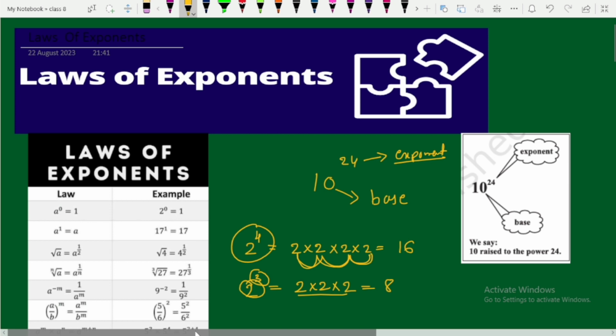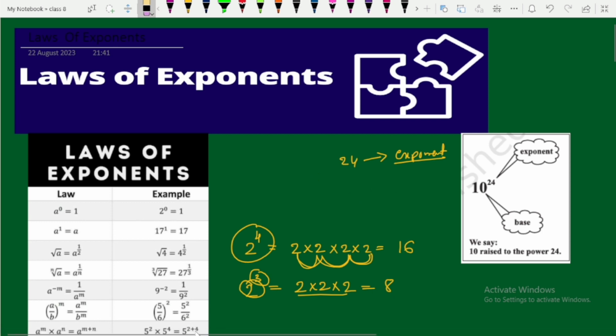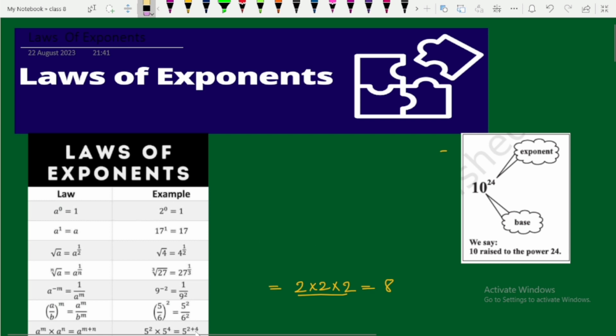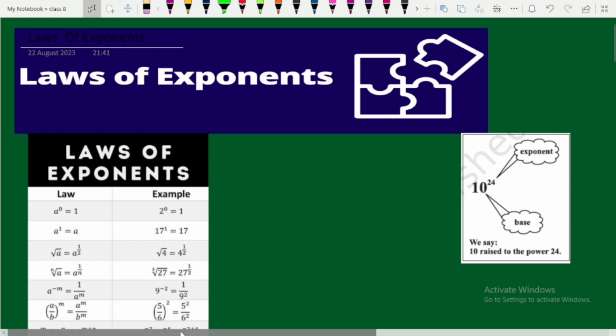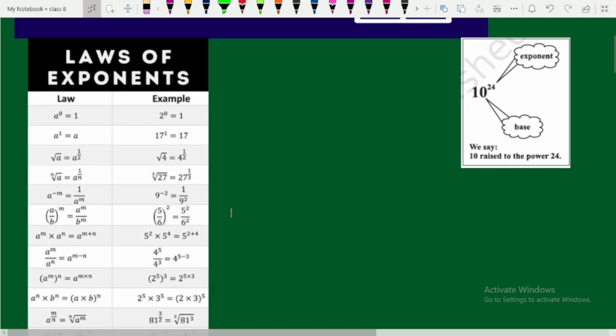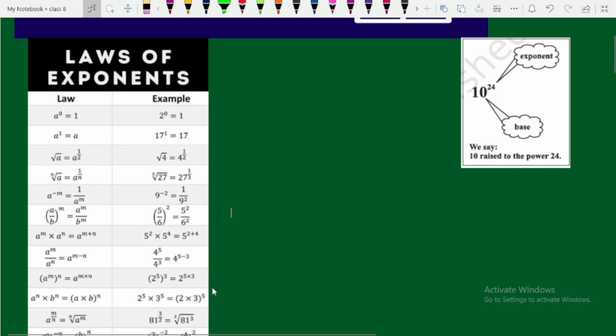So this is about exponents. Now we will see one by one which laws there are and how to solve sums based on the laws of exponents.